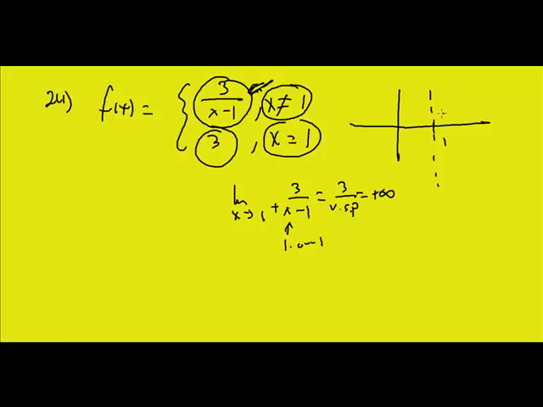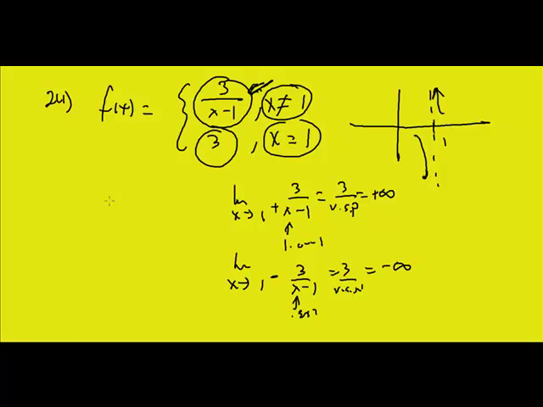That means the curve's going to shoot up. Then I have to check what happens to the function when I come from the left. 3 over x minus 1, I'm putting in 0.99999. It's going to be 3 over very small negative, so it goes to negative infinity. So the curve's going to shoot down.